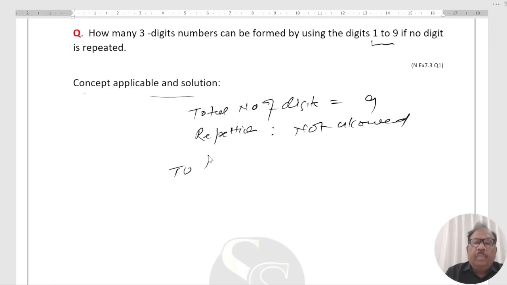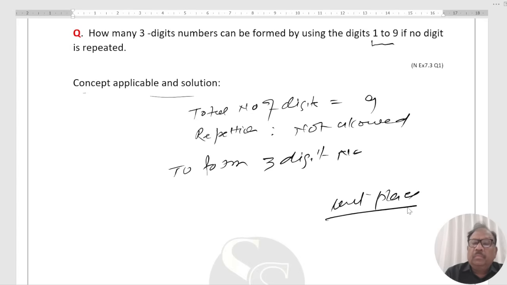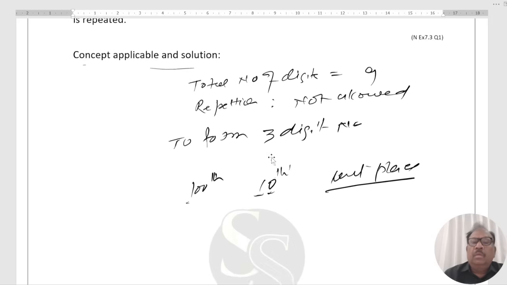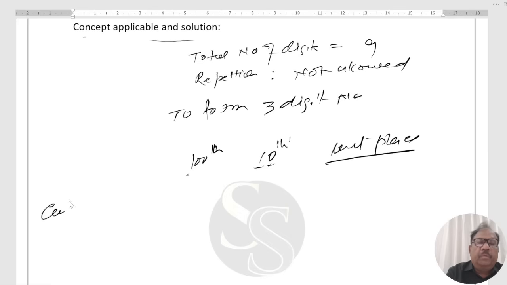To form a 3-digit number, there will be unit place, 10th place, 100th place. These can be filled up.